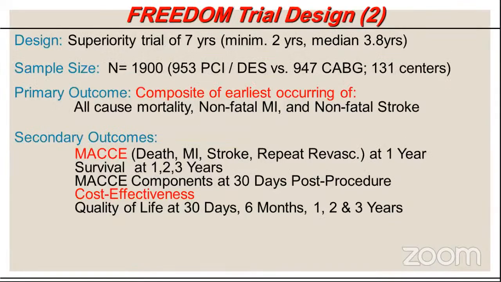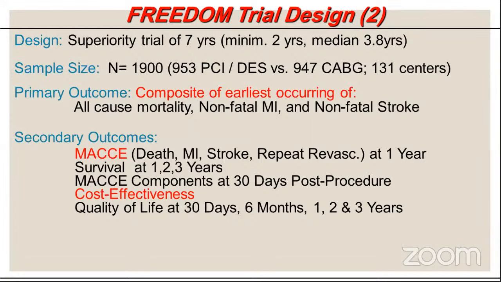It was a superiority trial of 7 years with a minimum follow-up of 2 years and a median of 3.8 years. Around 1,900 patients were involved, divided almost equally between the 2 groups, from 131 centers all around the world.